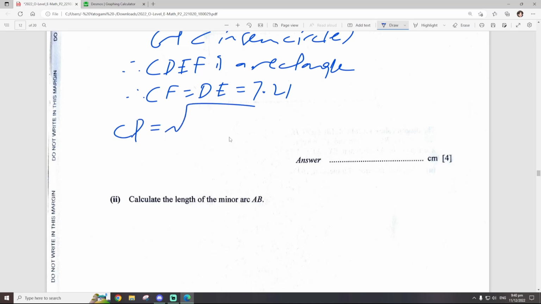CD is the square root of 9.7 squared minus 7.21 squared by Pythagoras, which is 6.4889.